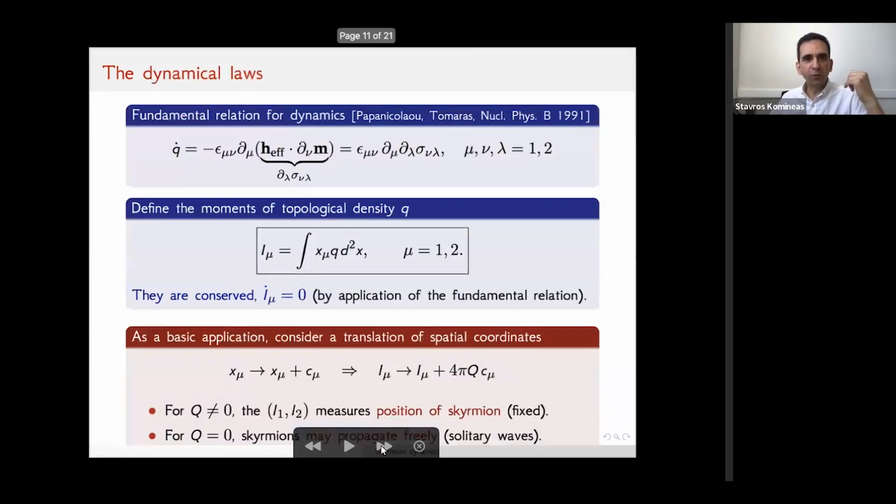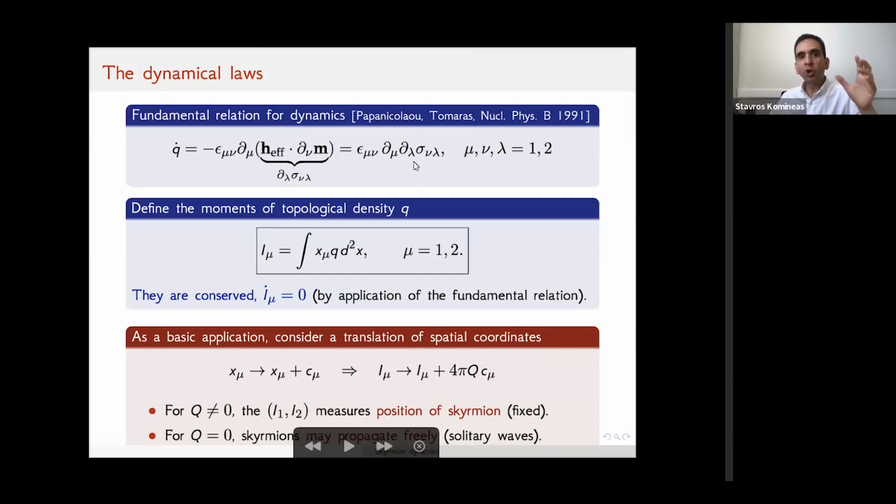So let's move on and say that the end result is that the time derivative of this topological density is the derivative of something, the derivative of the derivative. So this is a strong result, and here I come to the basic result of all I've been talking about in the last 10 minutes.